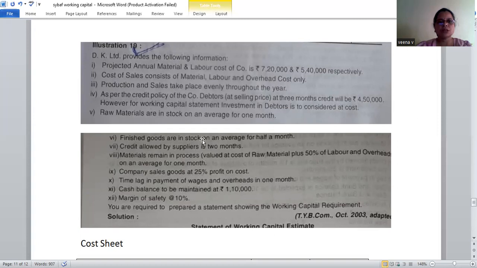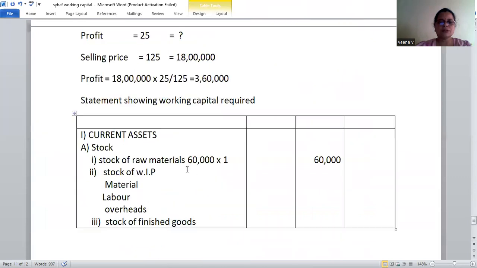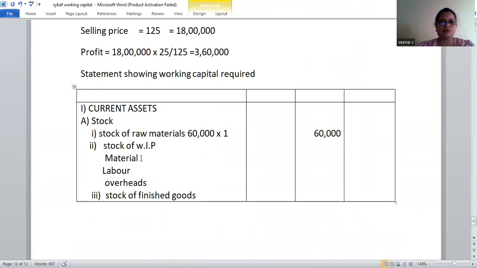Raw material and finished goods are in stock on an average half month, credit allowed by supplier 2 months, material remains in process valued at cost of raw material plus 50%, and labor and overheads on an average for 1 month. So our processing time is 1 month. Again, material for 1 month is 60,000 into 1 month, we have to take it as 100%. So our answer will be the same, that is 60,000.